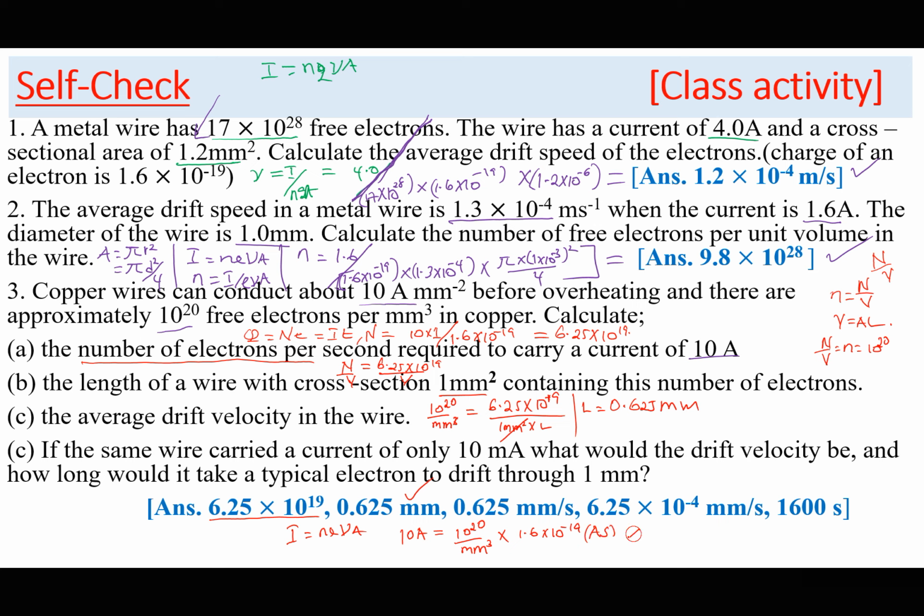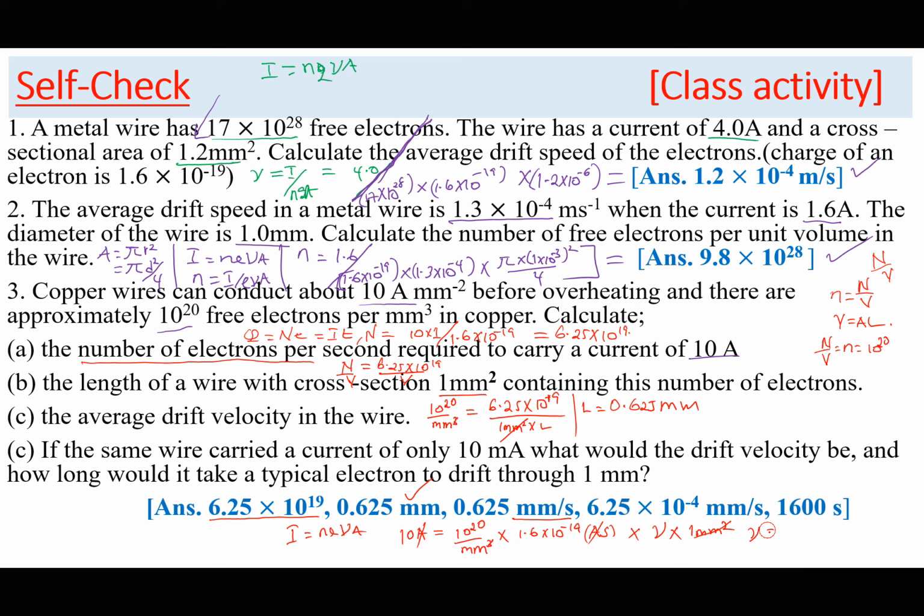Then times the average drift speed, then the area is 1 millimeter squared. So millimeter squared is cancelling with the cubed, and amperes is cancelling the amperes of current. When I take millimeters to the left-hand side, it becomes millimeters, and when I take seconds, it becomes millimeters per second. So when I make v the subject, my answer is going to be in millimeters per second. Let me just press my calculator. I'm making v the subject.